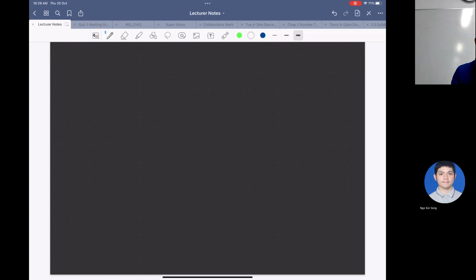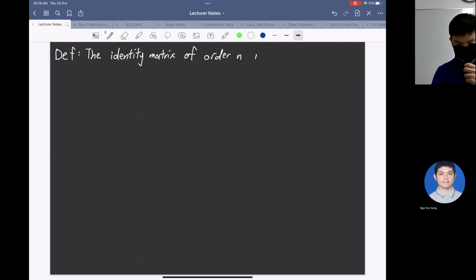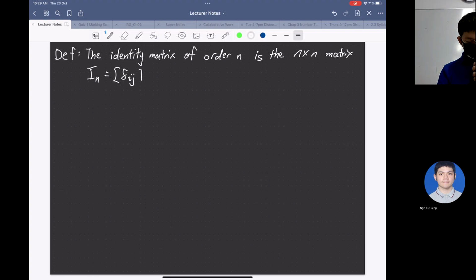Okay, just now we introduced the identity function. Now we also have the identity matrix. So what's the identity matrix of order n? It is the n by n matrix. We write it as In. The short form uses the Kronecker delta.